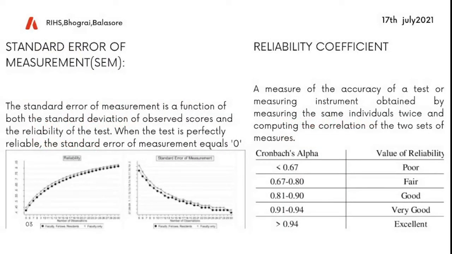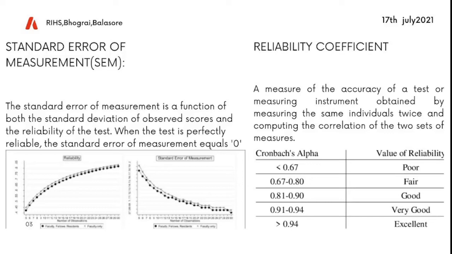When you are talking about standard error of measurement, it is a function of both the standard deviation of the observed score and the reliability of the total test. For instance, you give a test to 15 students and you get certain scores, and from that you get a standard deviation value.